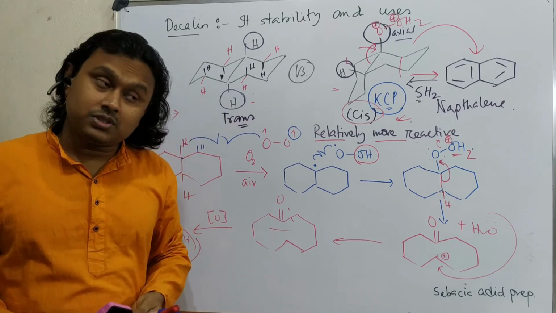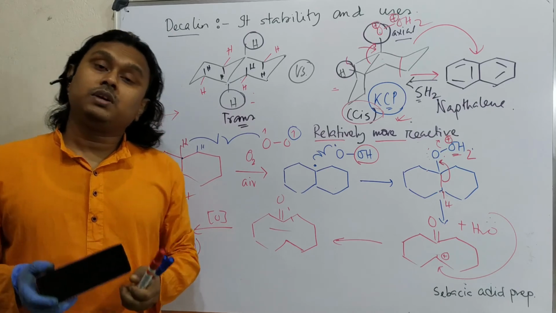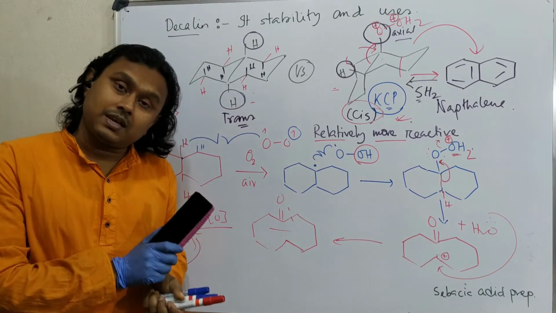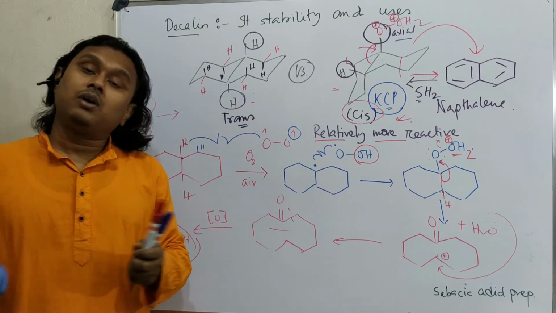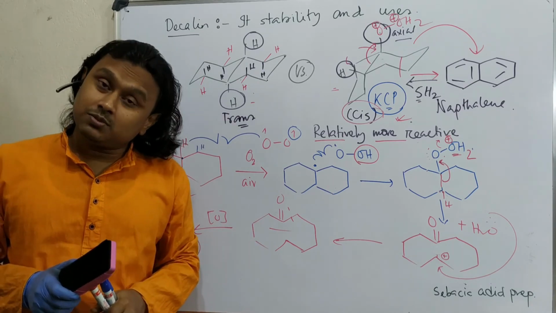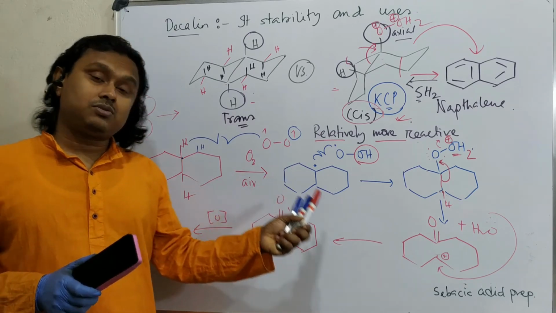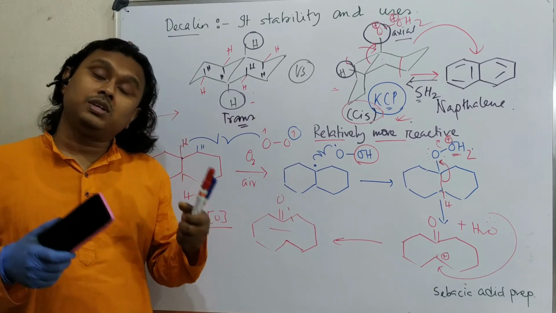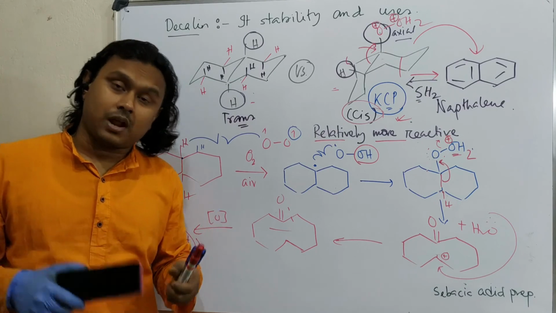So this is the end of this discussion. What have we learned today? We have learned first the difference between the cis isomer and trans isomer, how they are prepared from naphthalene, that is selective hydrogenation, and what the stable intermediate produced in this case is, that is tetrahydronaphthalene, because one ring is capable of maintaining its aromaticity.